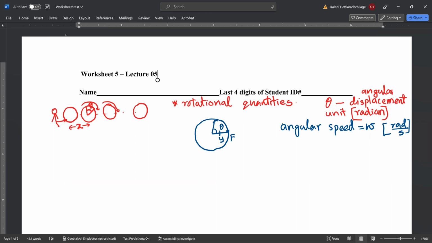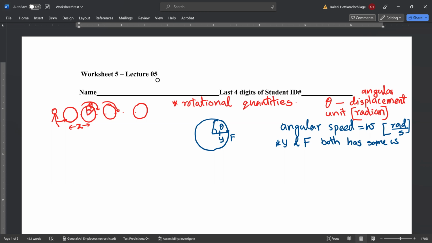But the important thing is you and your friend both have the same omega. That means angular speed does not change when you and your friend ride the merry-go-round. It doesn't matter how many people are on the merry-go-round, they all have the same omega, right?